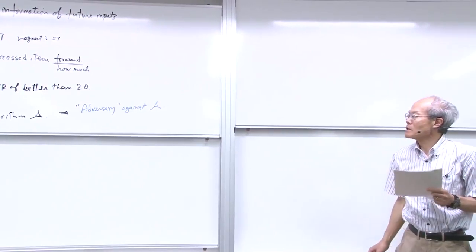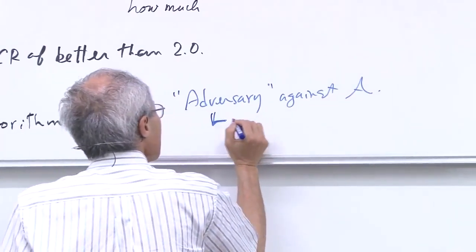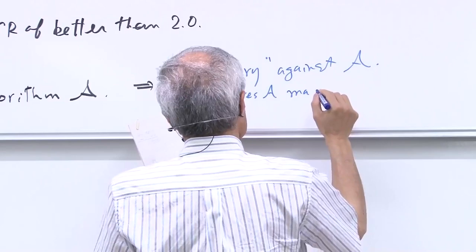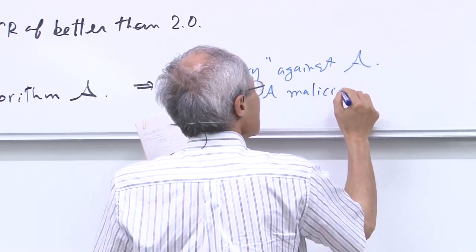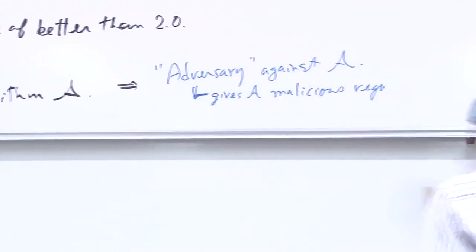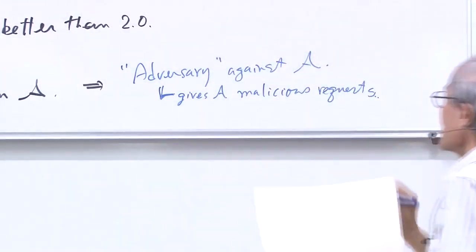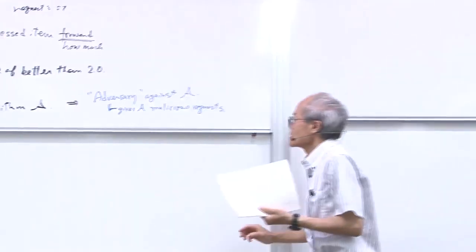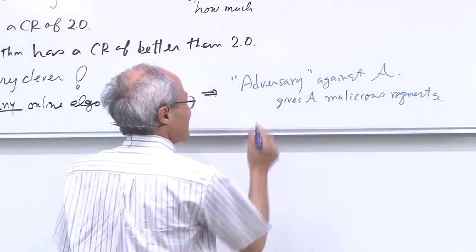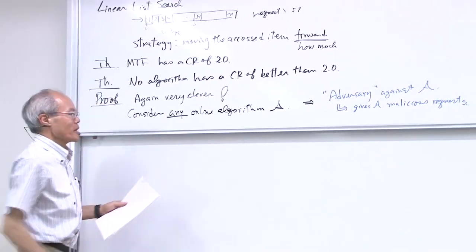We can consider the adversary against this algorithm A, meaning this guy gives malicious requests to this algorithm A. And this is the basic idea of the proof.